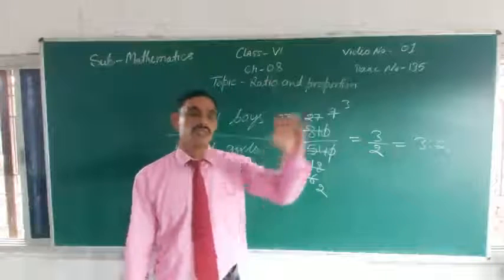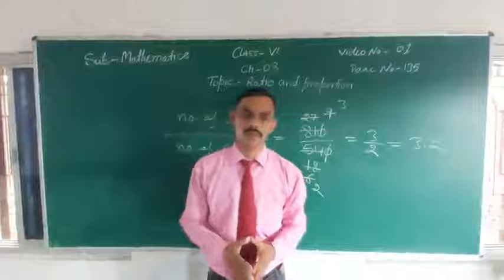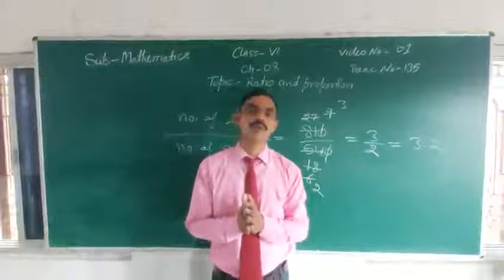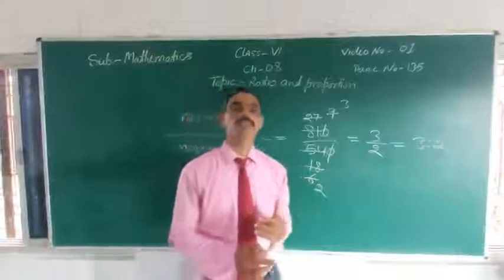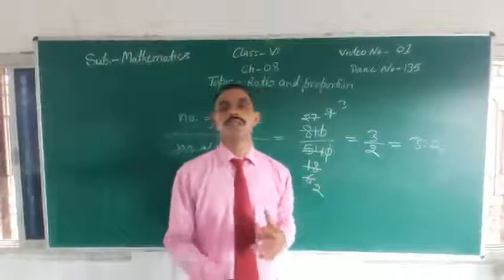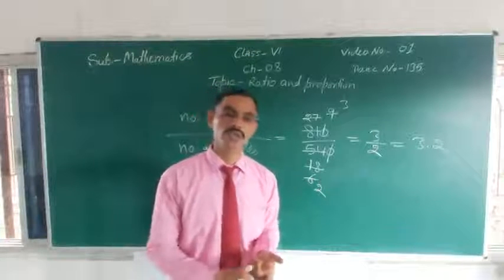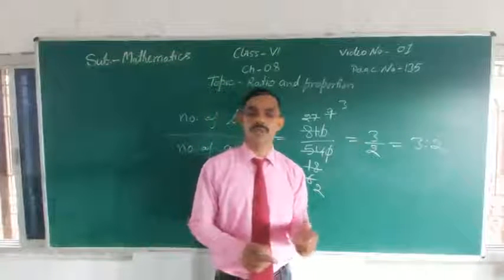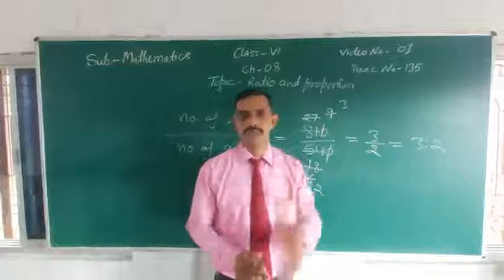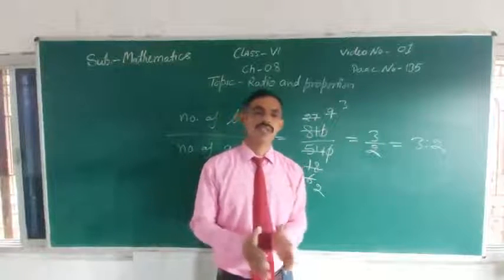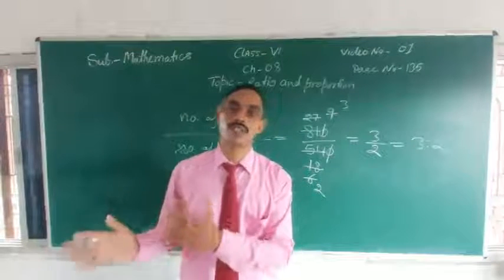Students, some points we have to keep in mind when we are solving problems of ratio. Ratio always exists between two quantities of the same kind. Second, it also exists between two quantities of the same kind along with the same units. The quantities should be in the same units.